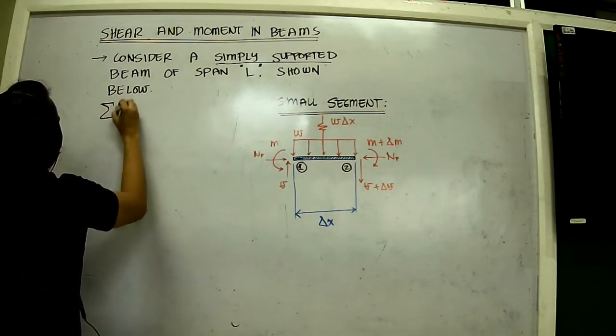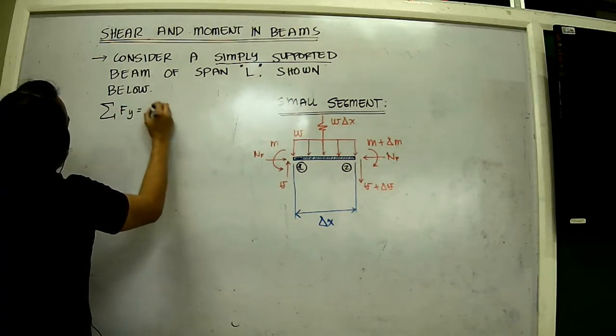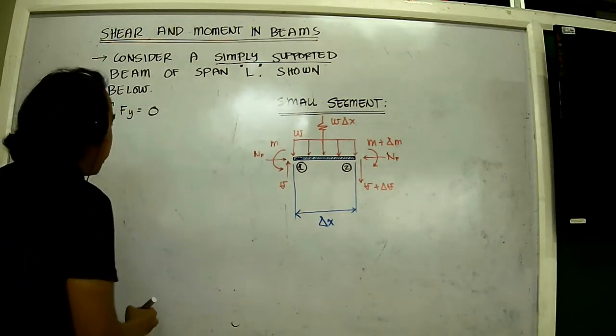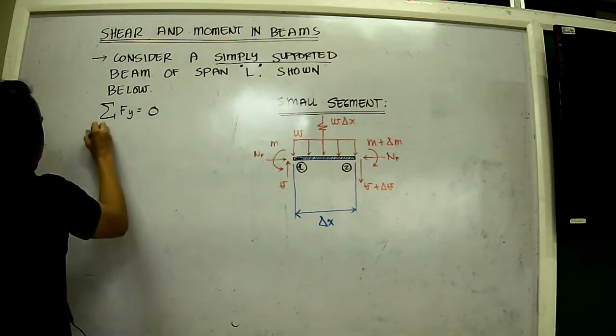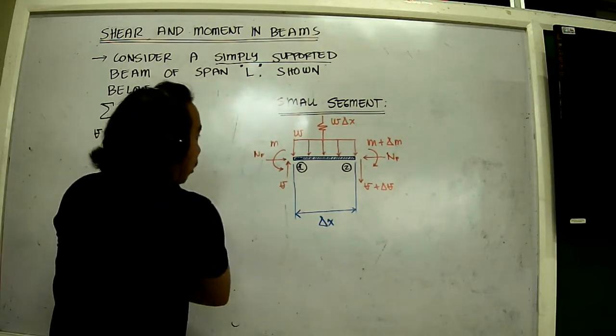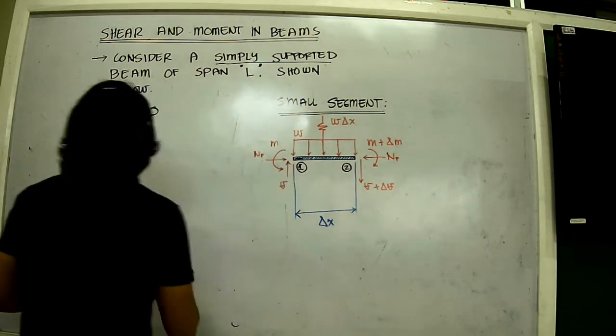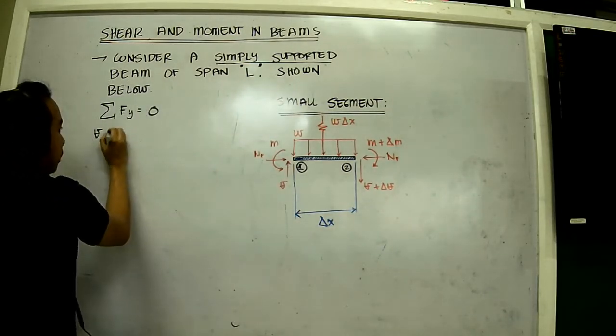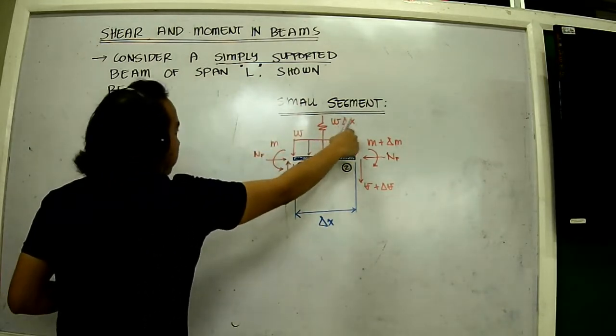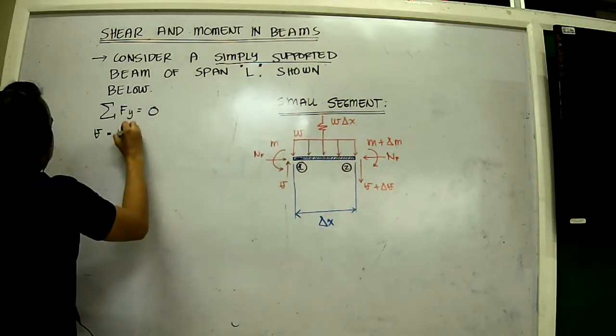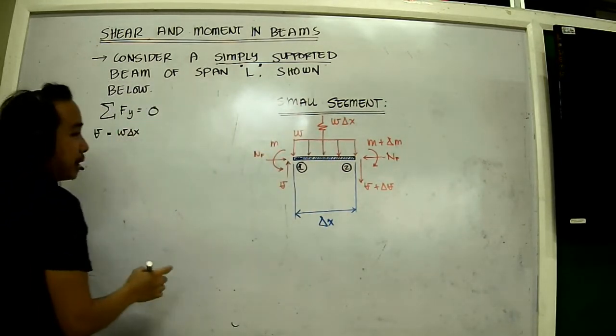Summing up forces in the y direction, we have V going up. Aside from that, W times delta x is going down. Let's just pick a side.